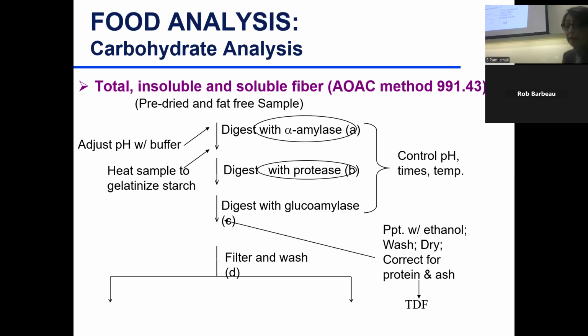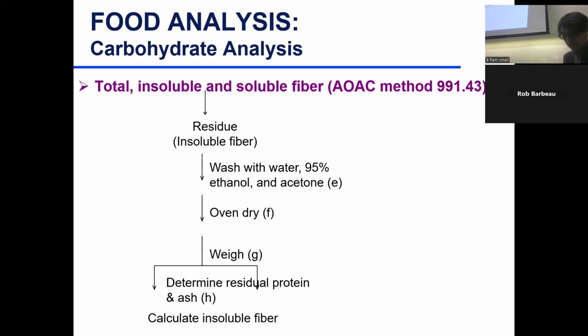So now we have the residue, the insoluble component, we take that, we wash with water, with ethanol and acetone, dry, weigh, determine protein and ash residual, and calculate insoluble. So that is the insoluble component.